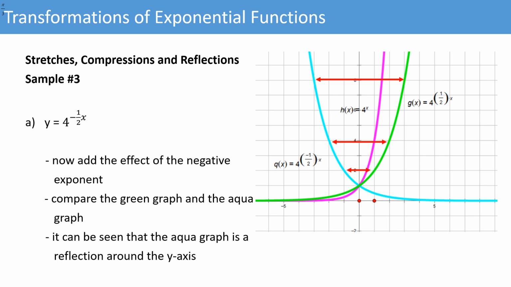So the negative as part of the exponent is a reflection around the y-axis, and that's the result that we have. So we add the effect of the negative exponent, we compare the green graph and the aqua graph, and it can be seen that the aqua graph is a reflection around the y-axis.